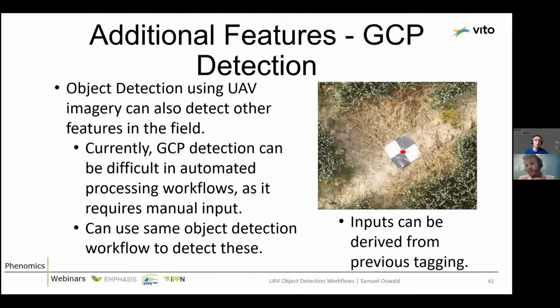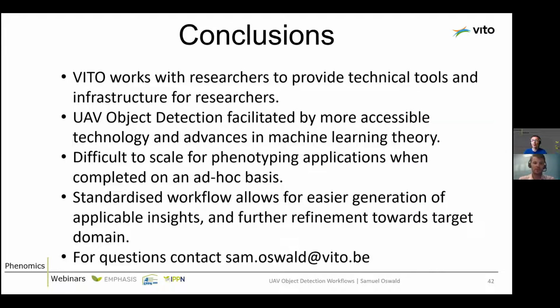And this can also apply to other features in the field. So if you have, say, a disease to detect, or multiple different objects, then these kind of features can be extended on top of it.